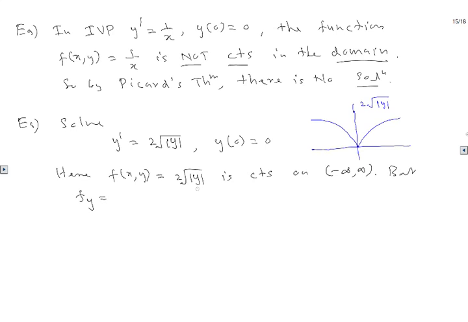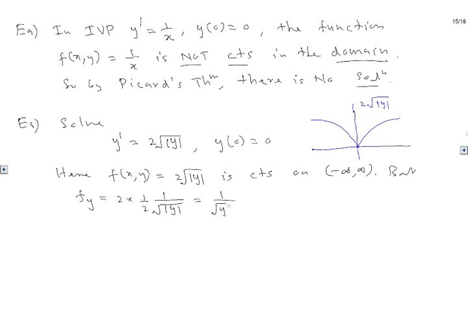So what is the partial with respect to y of this function? If you take it, it is 2 times 1/2, times 1 over the square root of the absolute value of y. If you simplify, it is 1 over the square root of y. But you have to be careful with this, because if you go to the negative side, it's going to be negative. There's a sign issue here.